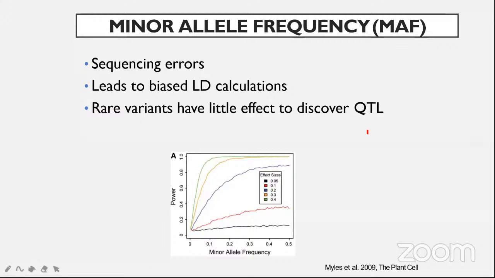If you know a bit of statistics, if you're looking at ANOVA or a t-test, for example, as I said earlier, you have 100 samples, one with the A allele and 99 with the B allele. There is little chance you could find a mean difference between that 1 allele and 99 alleles. Those are called rare variants, really present in a smaller population size. We remove them. And if you look here, with an increase in minor allele frequency, the power increases.